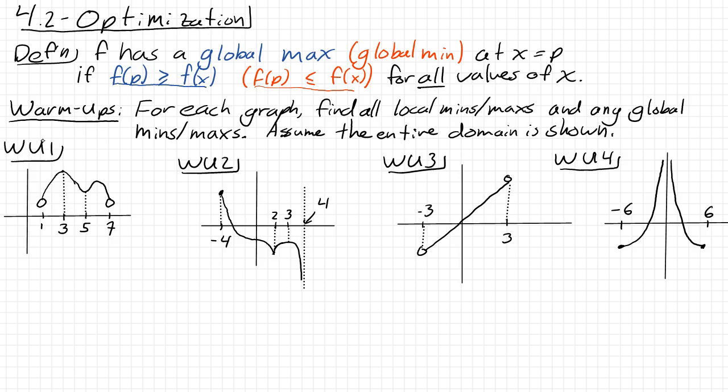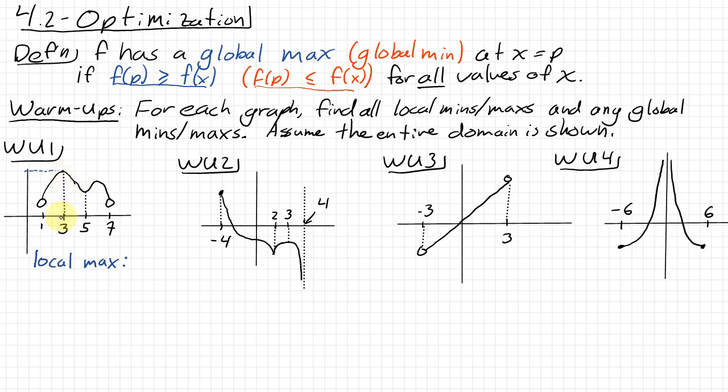So with warm-up number 1 here, let's first look for local mins and local maxes. I see a local maximum at x equals 3 right here, because f of 3, which is over here, is greater than the other values of f near it.